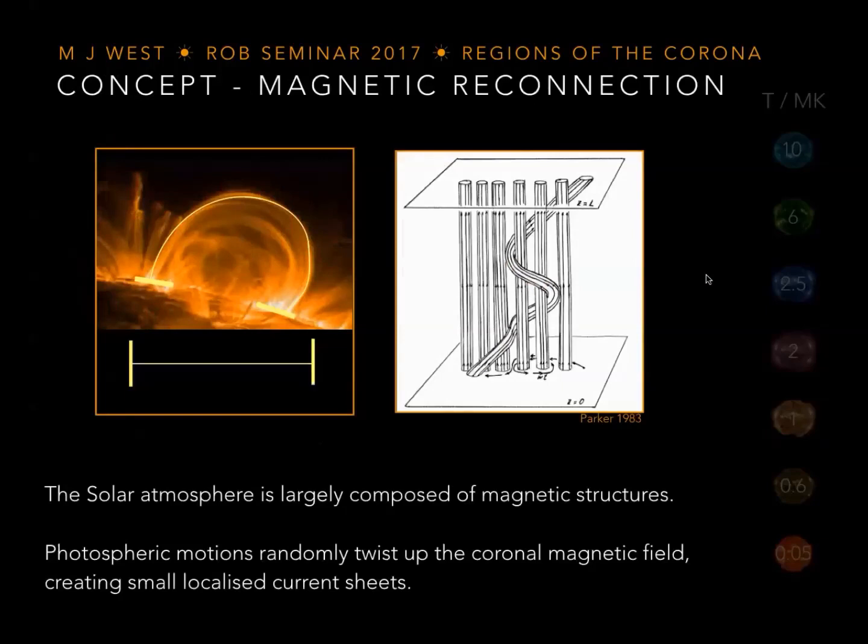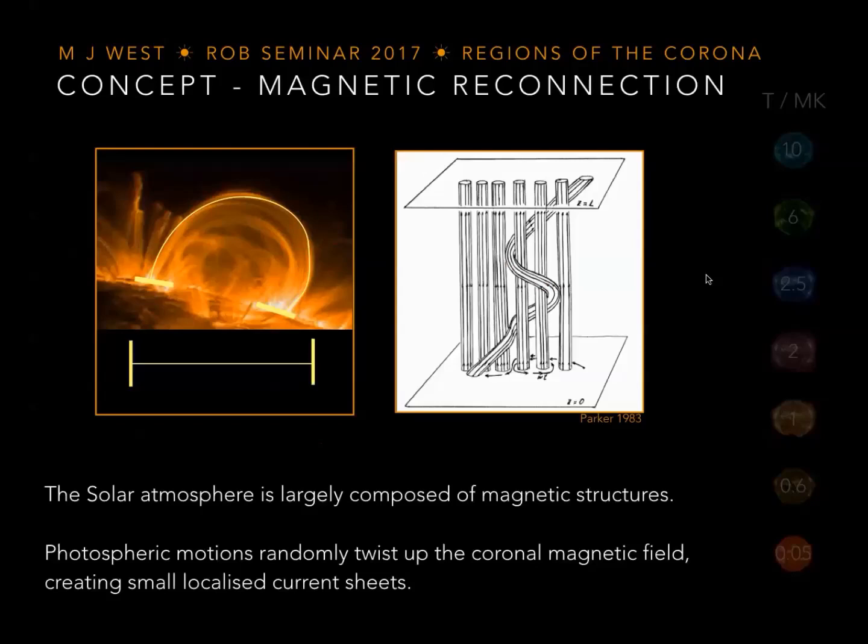I just touched on magnetic reconnection. There are various ways that the solar atmosphere can be heated, and how active regions can be heated, but one of the main concepts I've got to get across is magnetic reconnection.